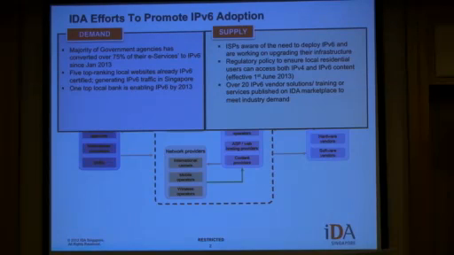From a regulatory point of view, we have made an announcement that in June this year, there will be a no island policy whereby all our residential users are able to access IPv4 or IPv6 over the next 3 years. And if you go to the IDA portal, the marketplace, you can find over 20 IPv6 vendor offerings.